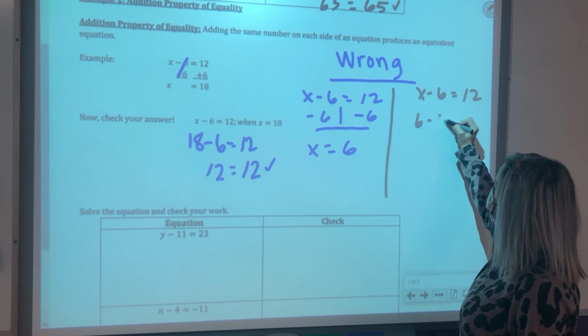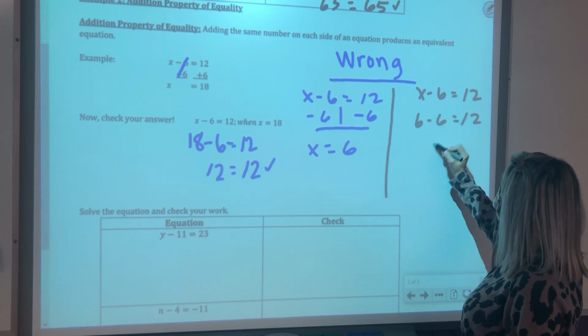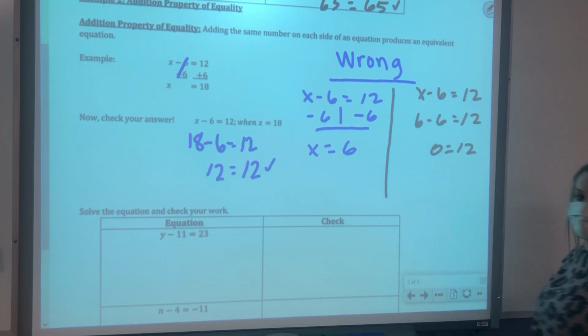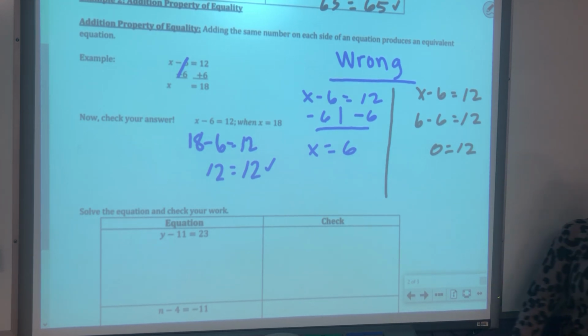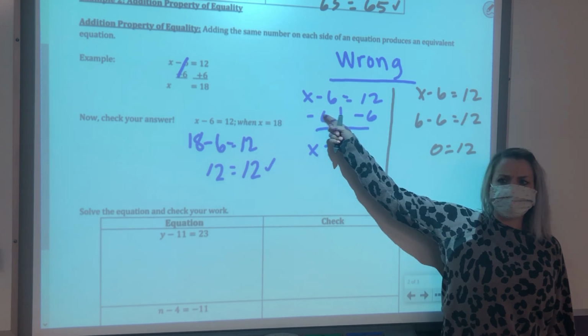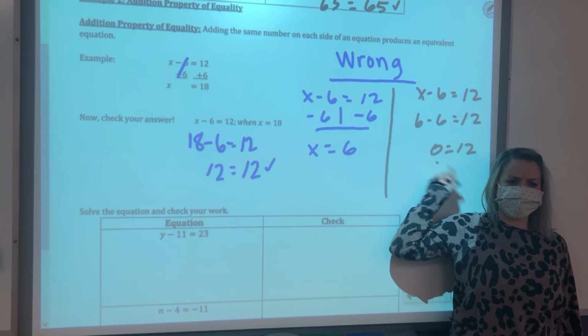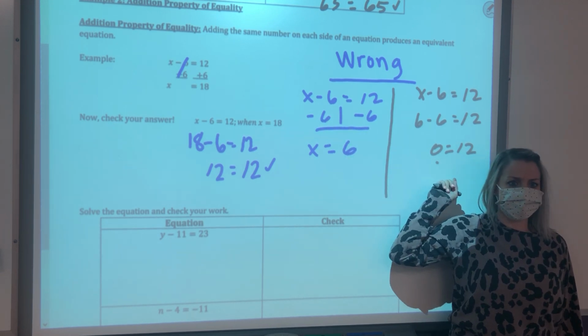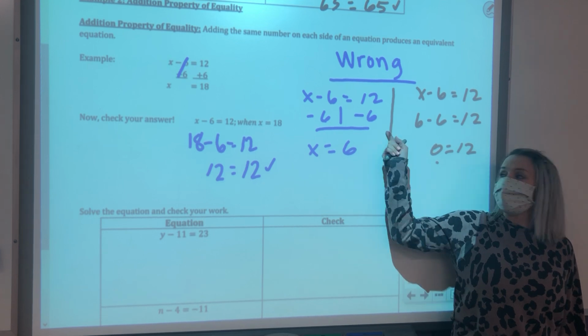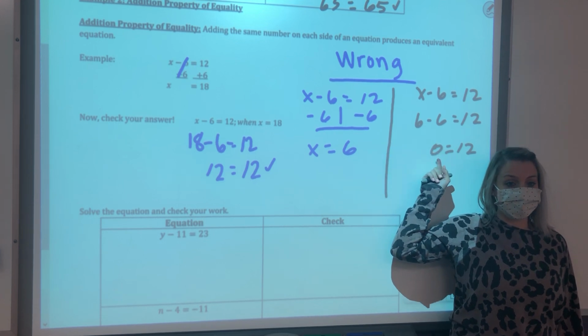Plug in what I got. True? No. So then I need to go back and say, oh, I did something wrong, because my left and my right side are not equal to each other. So that's why checking your answer is really important.